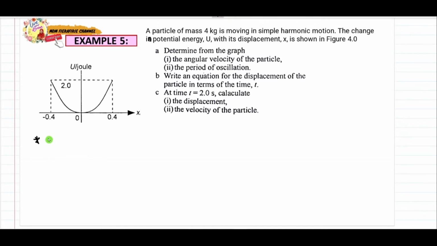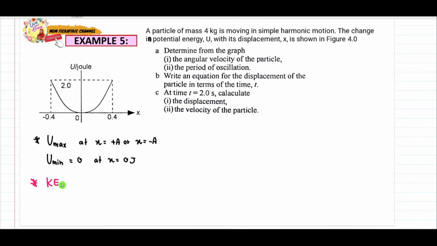Jadi untuk potential energy, you must remember where the potential energy is maximum. U is maximum at x is equal to positive A or at x equal to negative A. Boleh? But the potential energy should be equal to 0 joule at x is equal to 0. So, kita revise balik. Terbalik dengan kinetic energy.